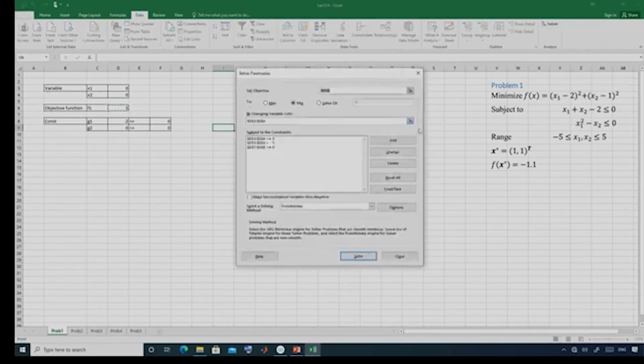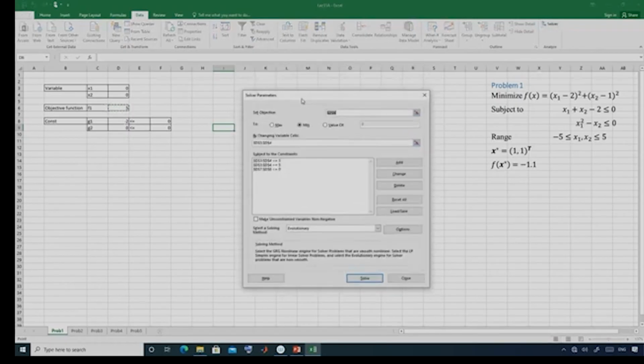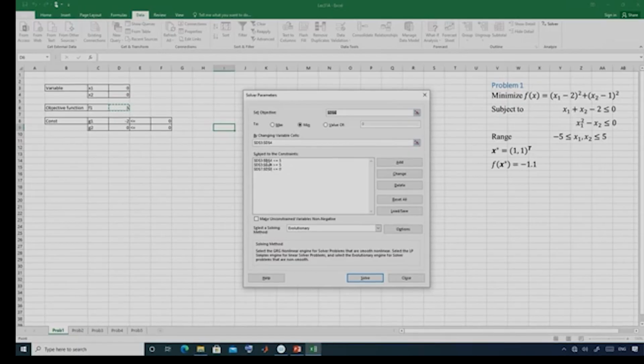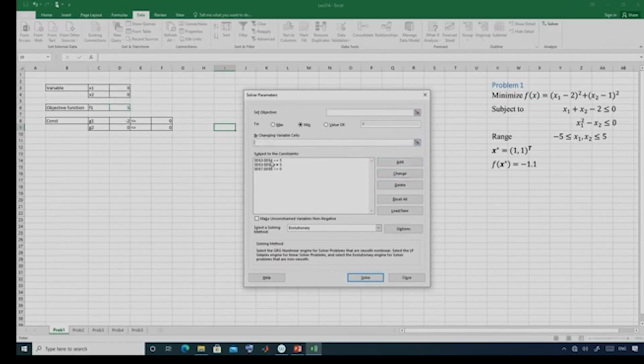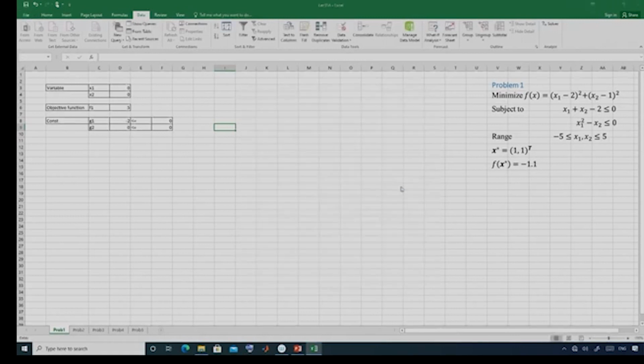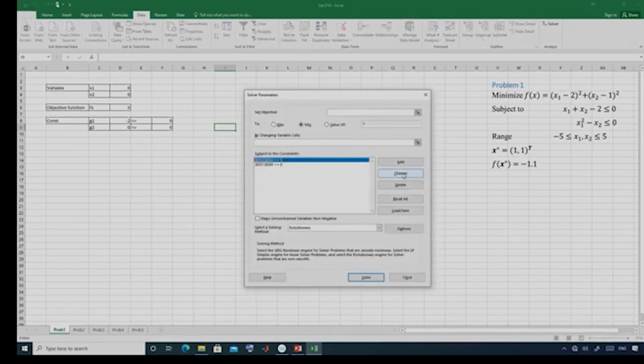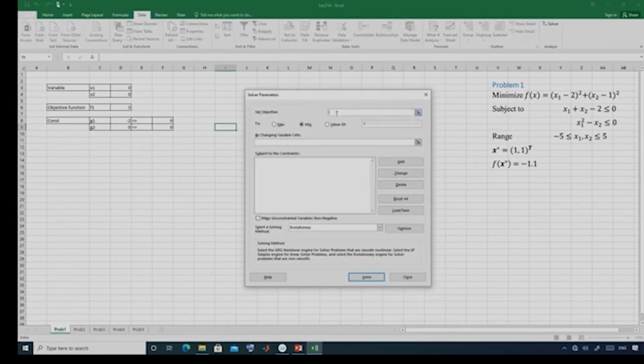So let me go to the Excel solver. Already you know that one. So what I will do, I will delete this portion and start from the beginning. Here I have to define the objective cell.